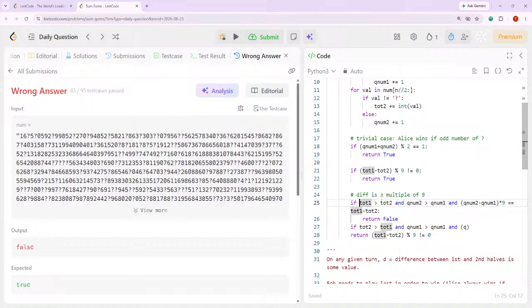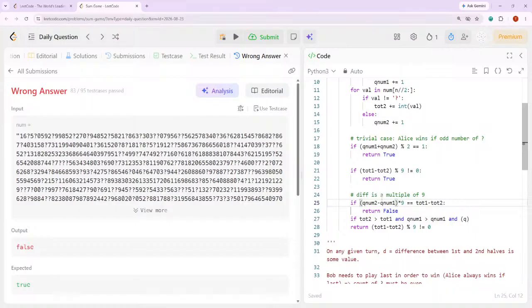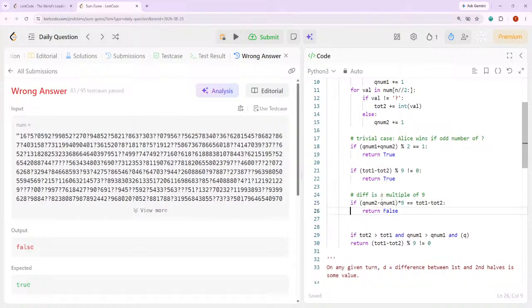Yeah, I think that might be it, because that incorporates both parts. There's more in the second half, and the more in the second half times 9 equals the difference. Does this work if the first half is bigger? If the first half is bigger than this negative difference, I think that's it.